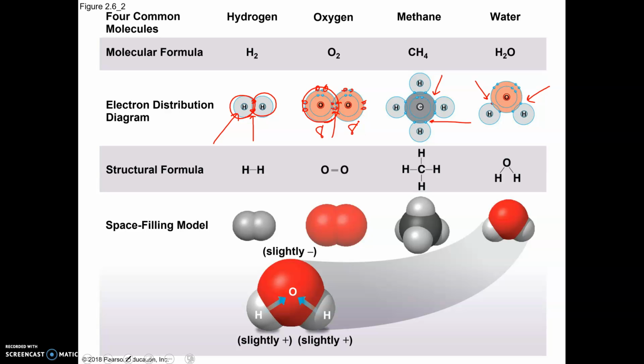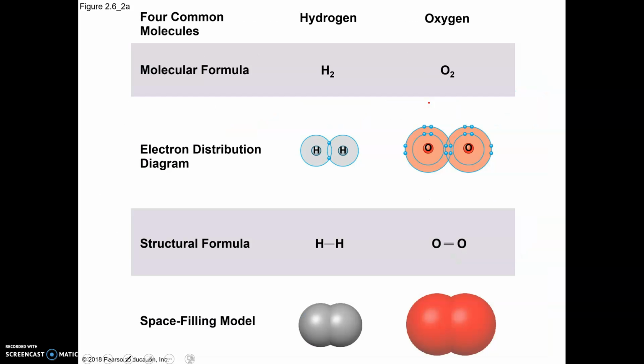They both have 8. What about carbon here? Well, by sharing with the hydrogens, 1, 2, 3, 4, 5, 6, 7, 8, the carbon now has 8. So the goal for anything except hydrogen or helium, those are the only 2 elements that only want 2 in their outer shell, is to have 8. And in all of these covalent bonds, they're sharing.